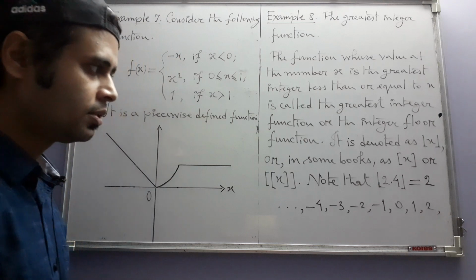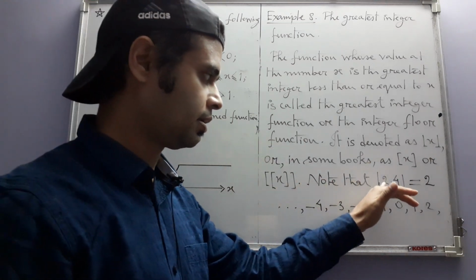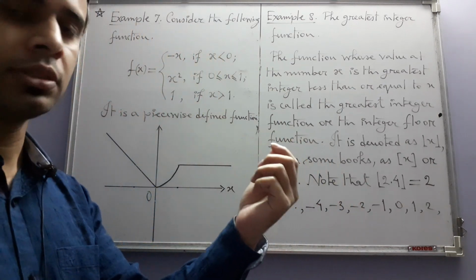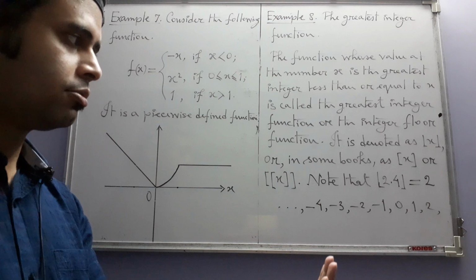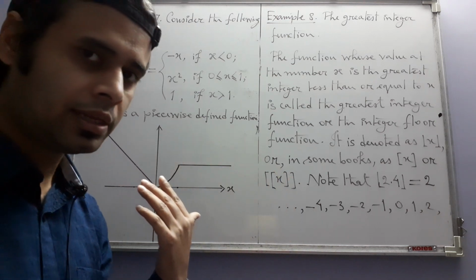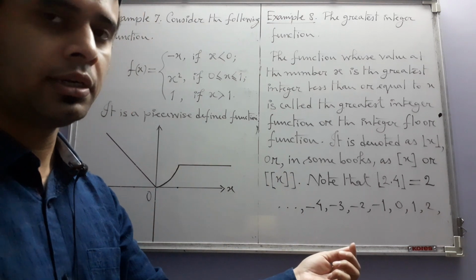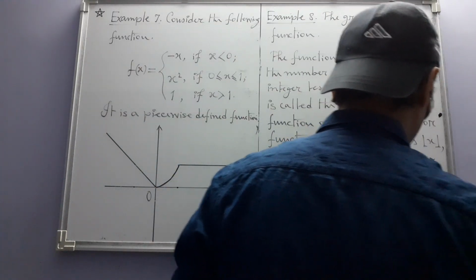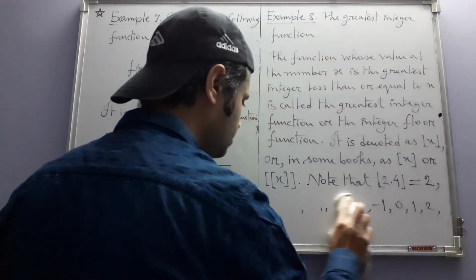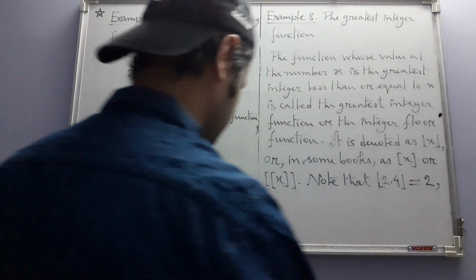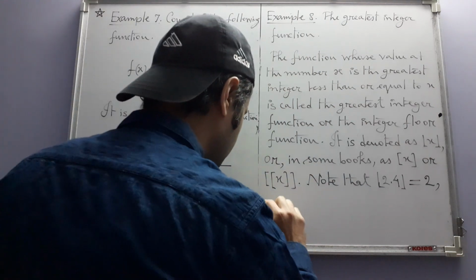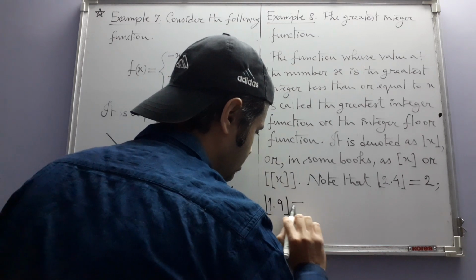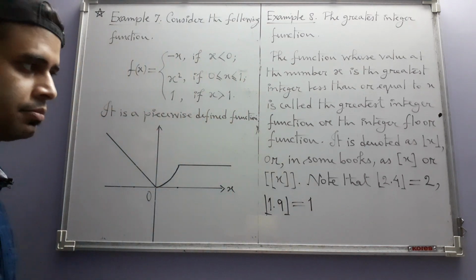So this is equal to 2. To determine the value of this function at some number, you think of the number on the real line, and then to the left of the number you look at all the integers. The closest integer is the value. Like that, the greatest integer value of 1.9 is 1.